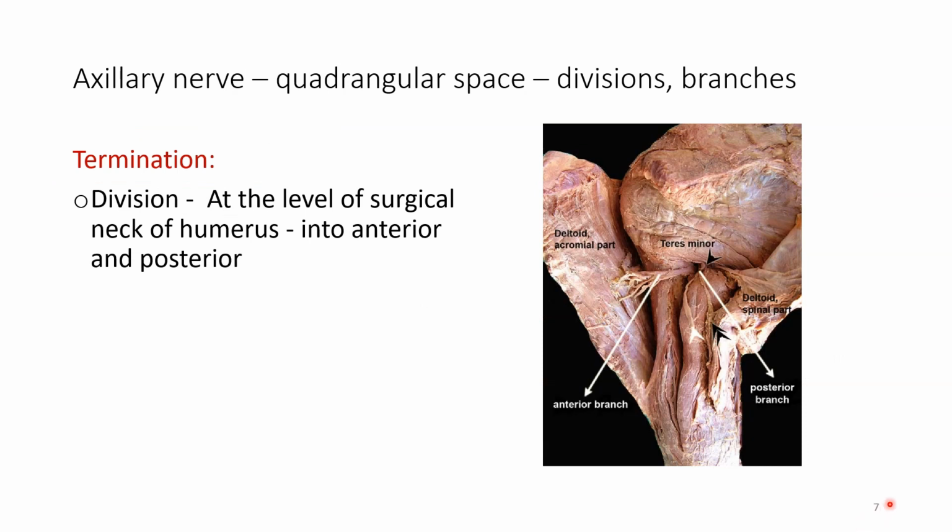In the quadrangular space, at the level of surgical neck of humerus, the axillary nerve divides into anterior and posterior divisions, which you are seeing in this picture. It is dividing into anterior and posterior divisions at the level of surgical neck of humerus.